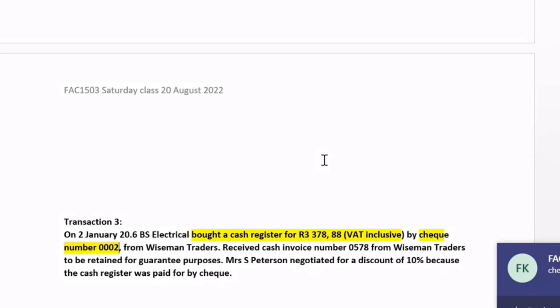What is the evidence that BS Electrical bought a cash register for 3,378.88, VAT inclusive?